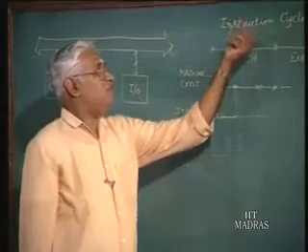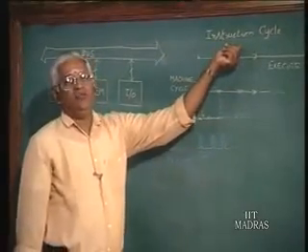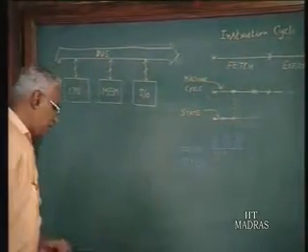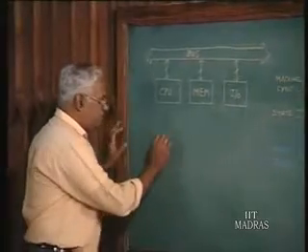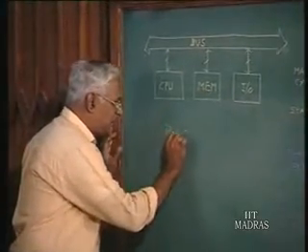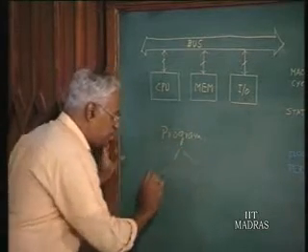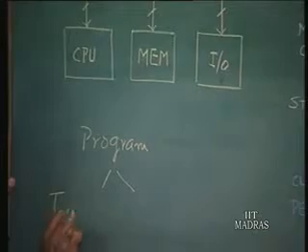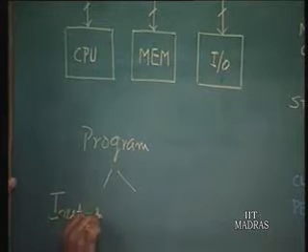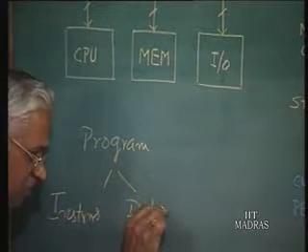And what is the overall function? Essentially to execute instructions, mainly because the processor executes a program, and the program essentially consists of instructions and data. We have talked about this earlier too.